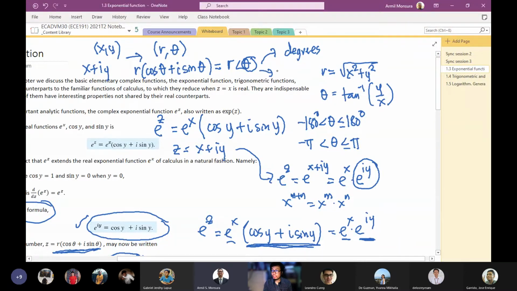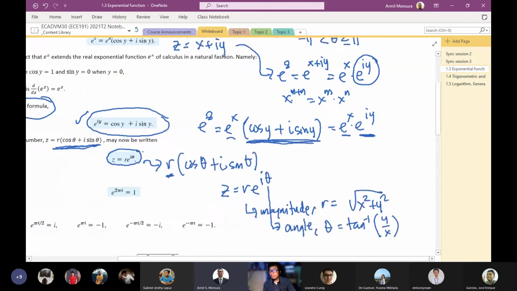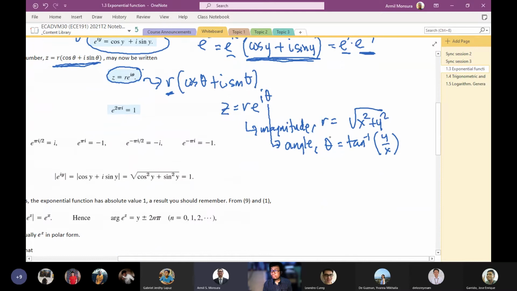It can be also measured in terms of radians. That's for the polar form. Now, for the exponential form, strictly, this angle is to be measured only in terms of radians. So we cannot use degrees for the exponential form.